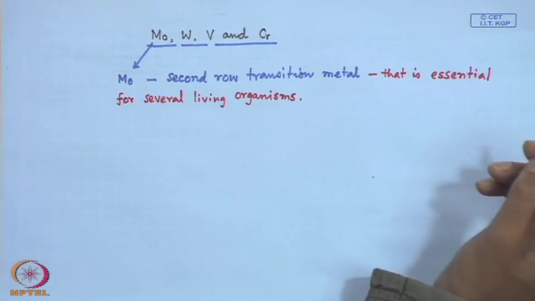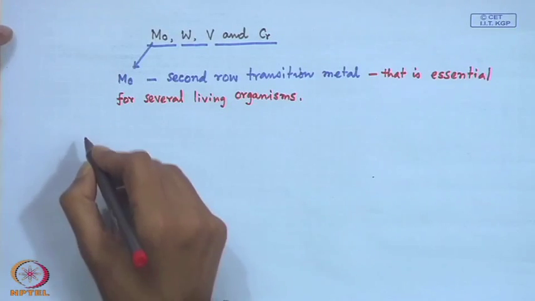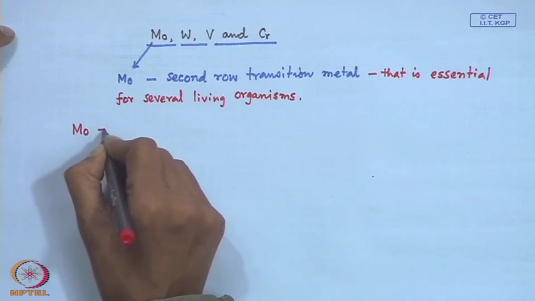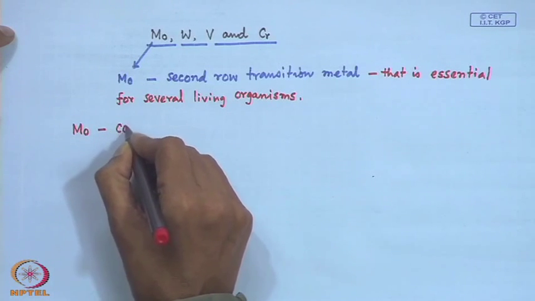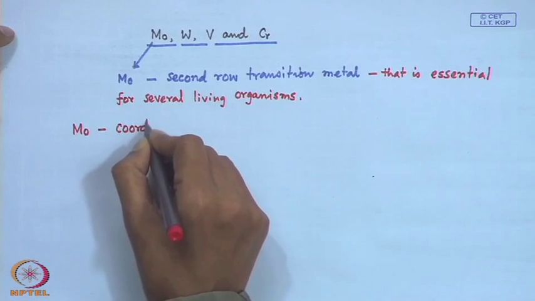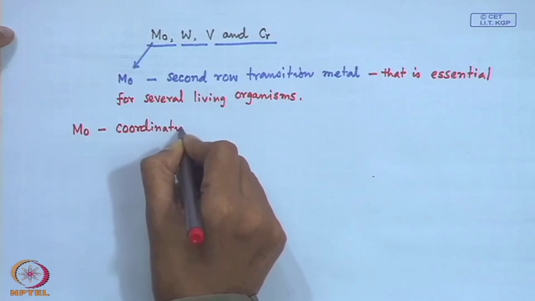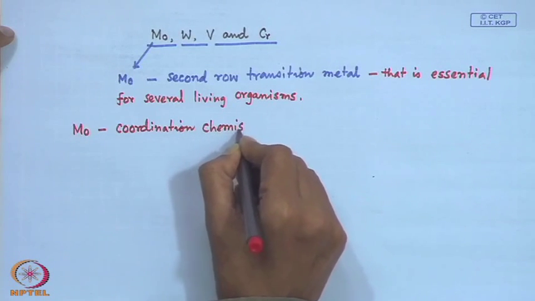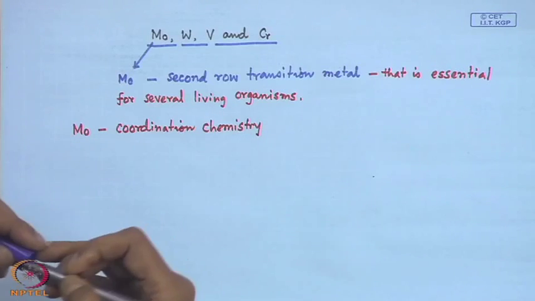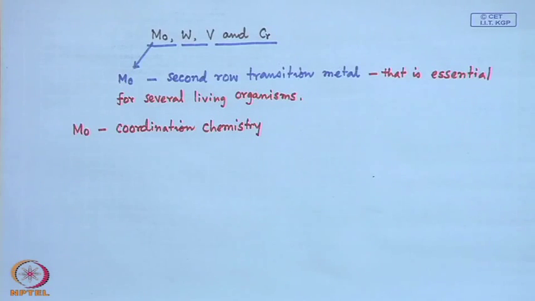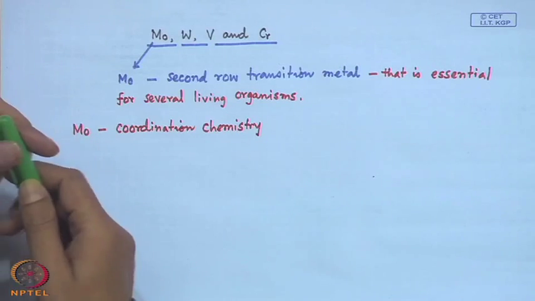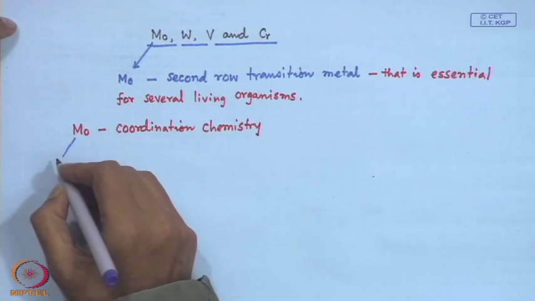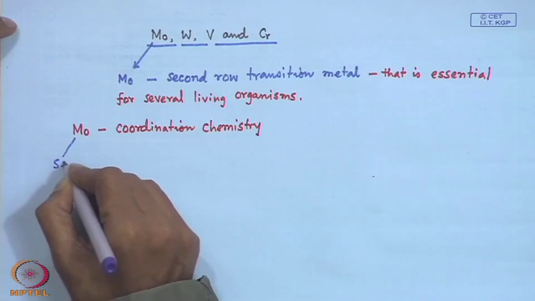So, what this particular one can do, we will see from the molybdenum coordination chemistry, if we know a little bit of that, because this particular metal ion is most abundant and is very much found in sea water.